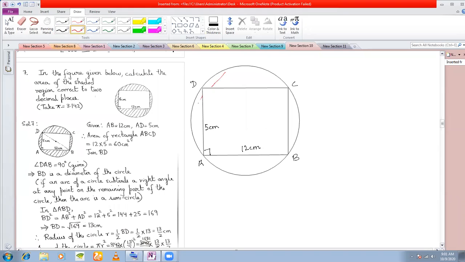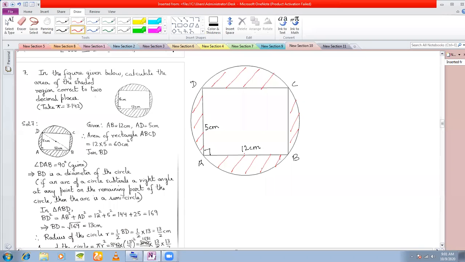And we have to find out the area of this shaded region.